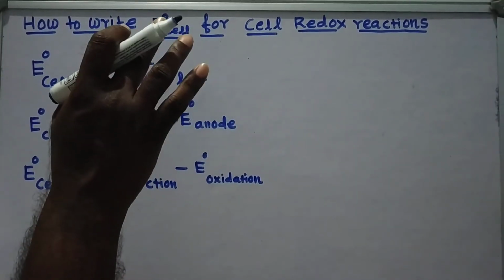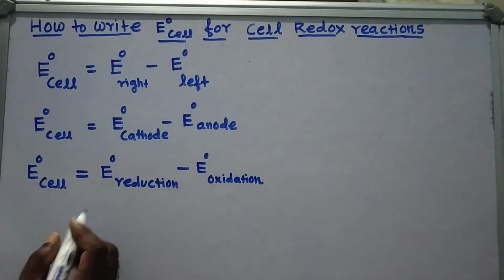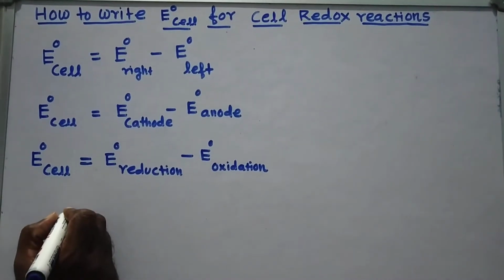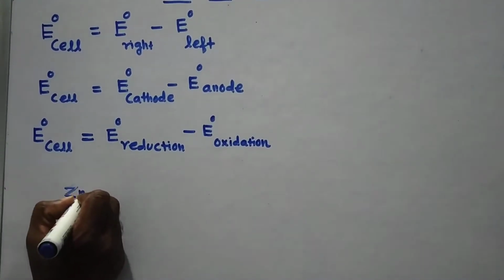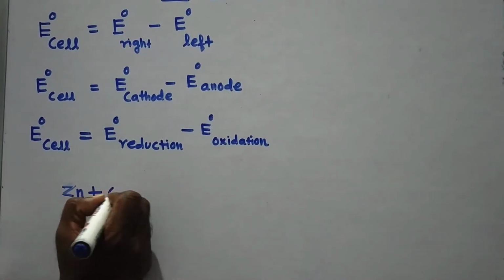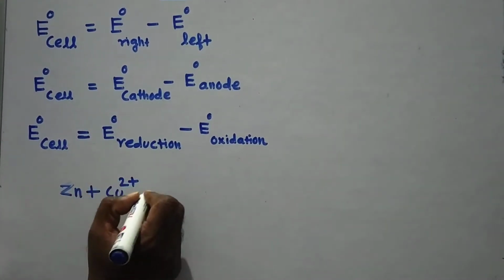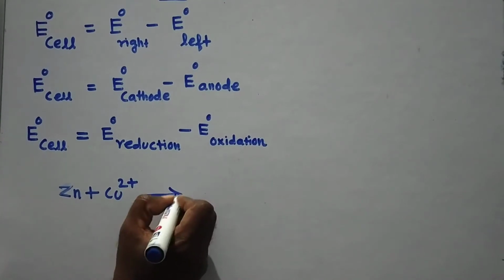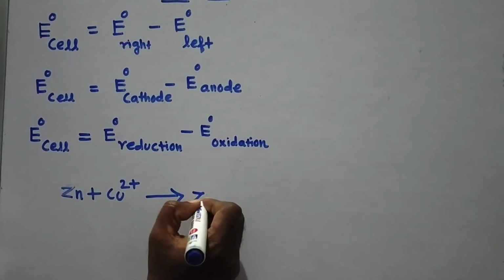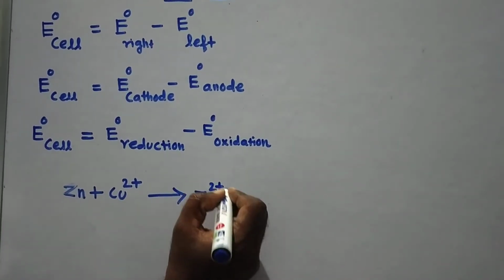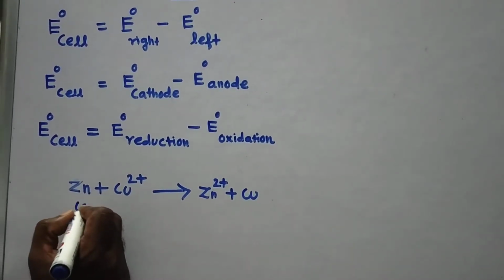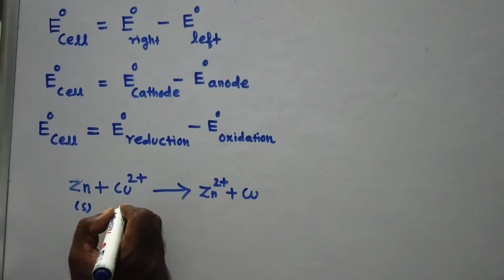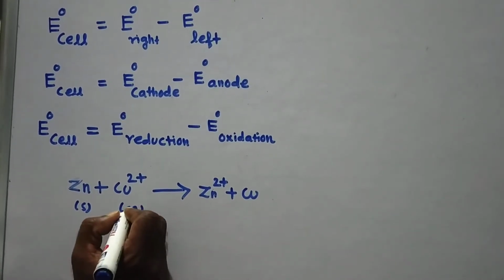Now I am going to take the very familiar one. Zinc plus copper 2 plus gives Zn2 plus and Cu, where zinc is a solid and copper is in the aqueous state.